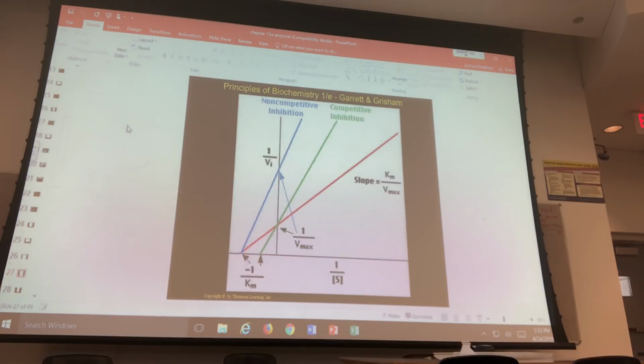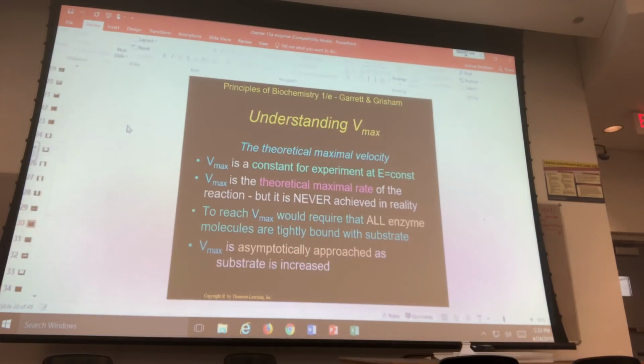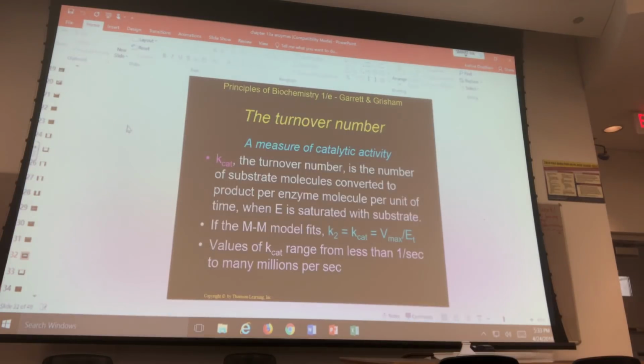One other one is this special value called Kcat. Make sure you know how to calculate Kcat. Oh, look at that, they give you the formula right here, so make sure you know the formula for it. It is also known as turnover number. You can think of Kcat conceptually as the maximum speed of a single copy of an enzyme, not a group of enzymes.